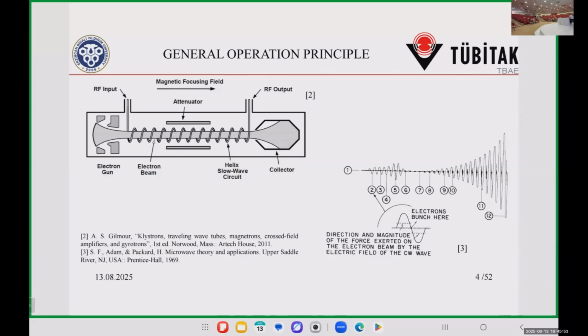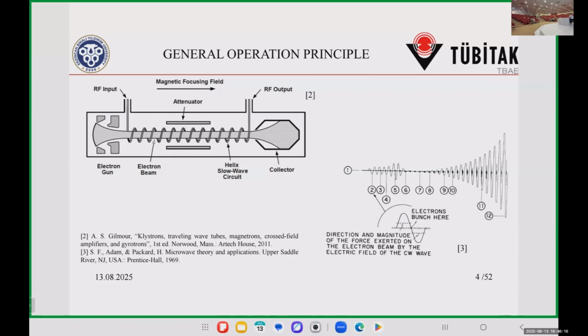And the slow wave structure is a periodic structure block of the TWT for propagation of the electromagnetic wave during the interaction phenomena. And we have the focusing structure, which provides confining of the electron beam.